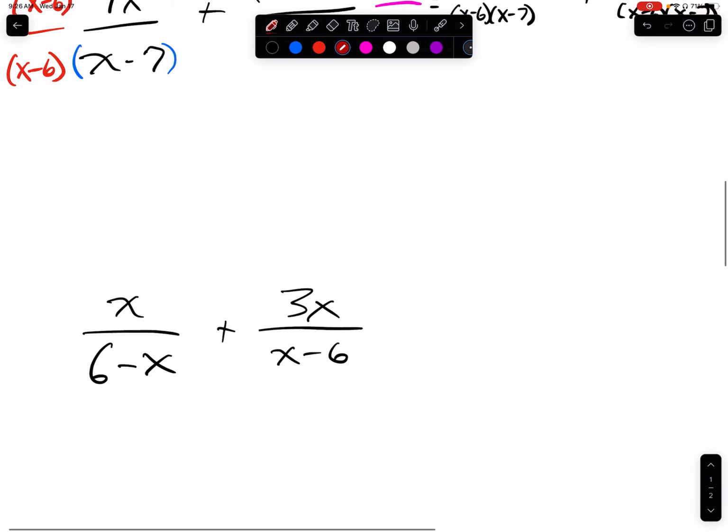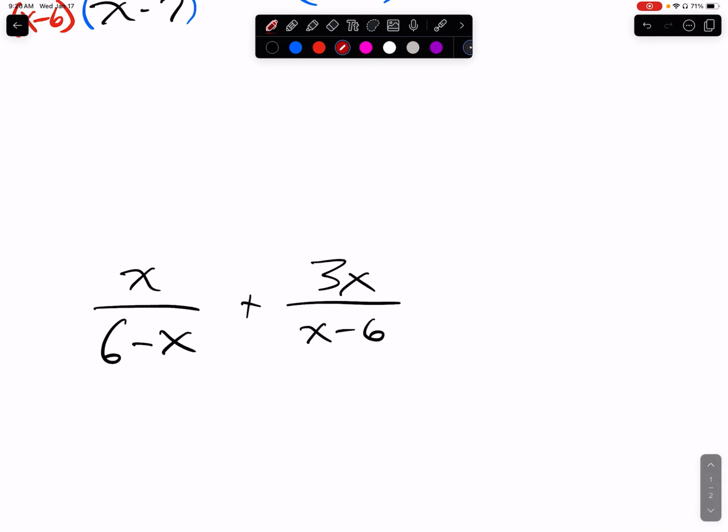And then this last example right here, things to be aware of here is 6 minus x and x minus 6 are different. So if I factor out a negative 1 here, what's going to happen? The 6 is going to become minus 6, and the negative x is going to become plus 6.